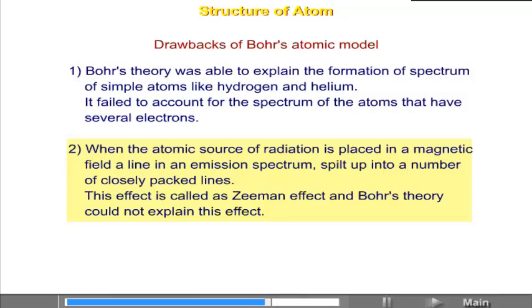Second, when the atomic source of radiation is placed in a magnetic field, a line in an emission spectrum splits up into a number of closely packed lines. This effect is called the Zeeman effect, and Bohr's theory could not explain this effect.